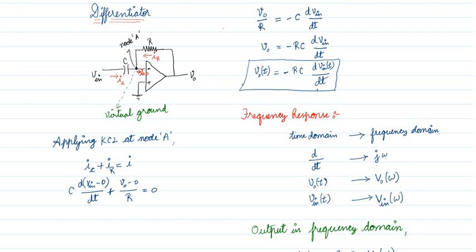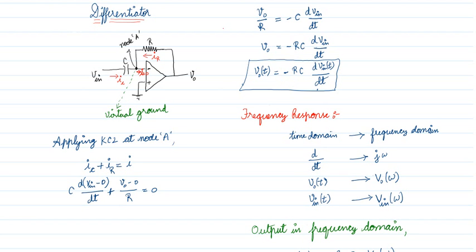These two are constants, so the output is some constant times the differentiation of the input signal. Such a circuit is called a differentiator circuit. The minus sign indicates that you are connecting the input signal to the inverting terminal. That is why it can also be called an inverting differentiator. This minus sign is due to the input coming to the inverting terminal.